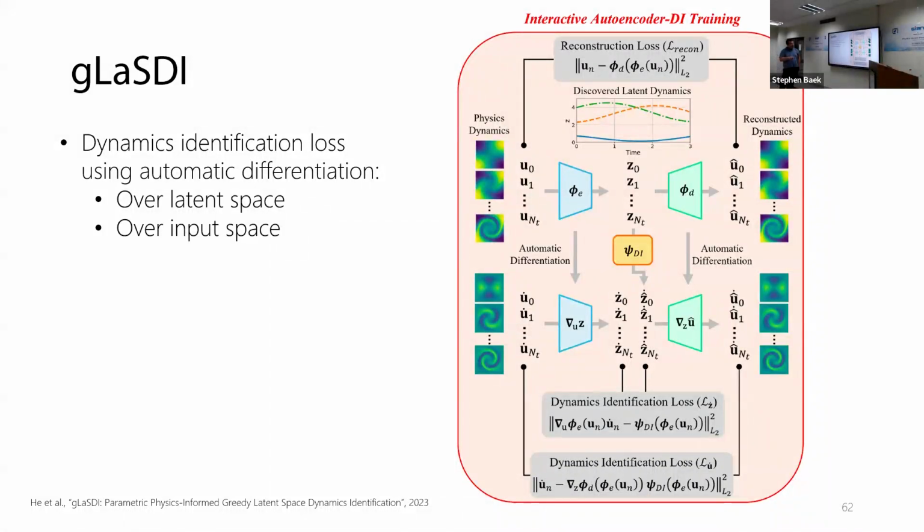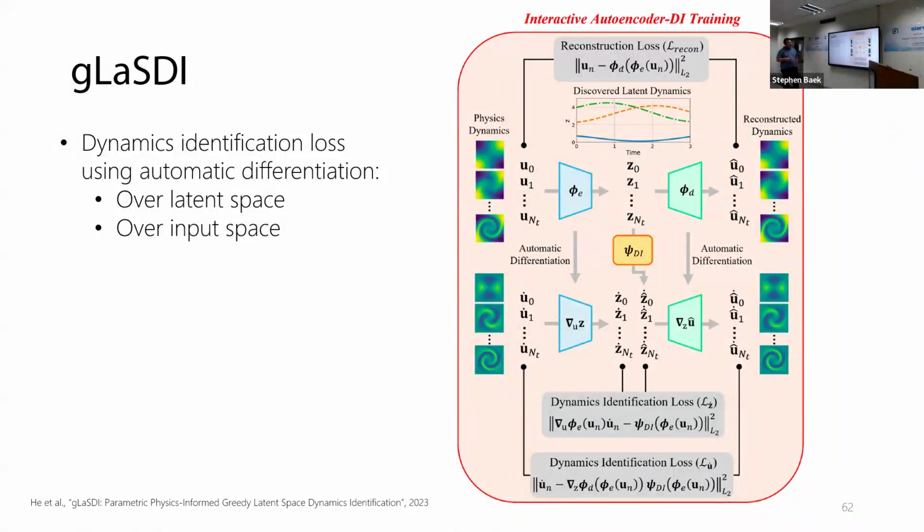So now we have u dot, which is the time derivative of the dynamics. This Jacobian is going to produce the z dot, the rate of change in z space.